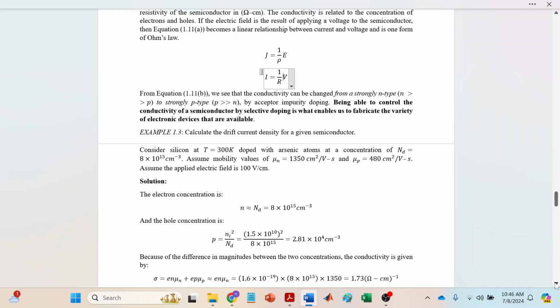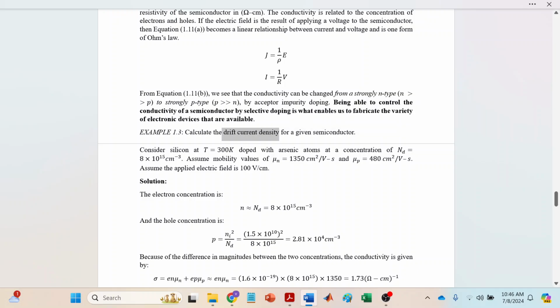This selective doping also helps us to fabricate transistors. We now want to calculate the total drift current density for a given semiconductor.